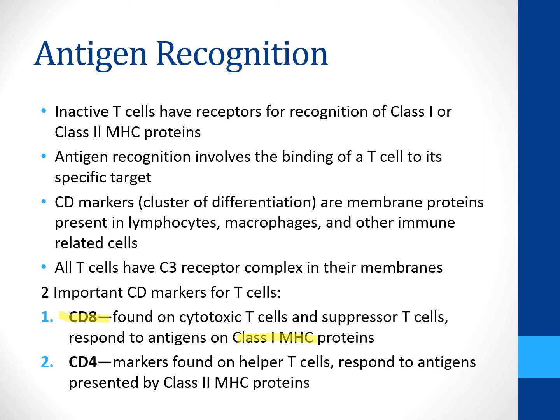So CD8 times the class 1 protein equals 8, and CD4 times the class 2 protein also equals 8. So CD4 connects to class 2 proteins, CD8 connects to class 1 proteins.